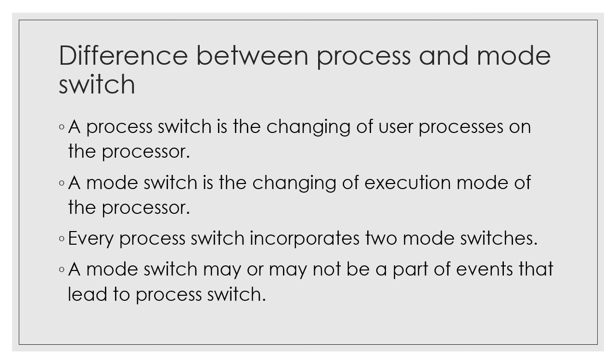Mode switches may happen, and after the switch, the OS might decide to resume the process that was running previously. So the occurrence of a mode switch does not guarantee a process switch. On the other hand, the occurrence of a process switch guarantees two mode switches.